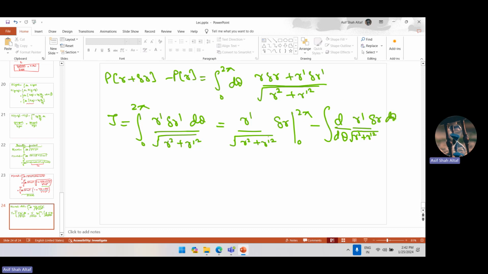Yeah. Now this term here, first term will go to 0 since the function is periodic, so integrating it over, this will give you 0. And what you will have then is d theta, this thing, d theta, fine. So let's plug it back into this equation here at the top.